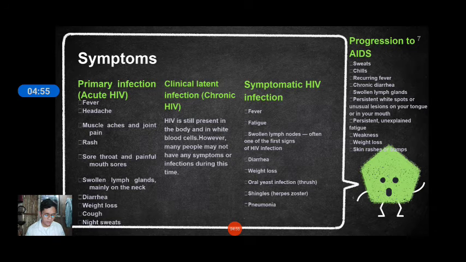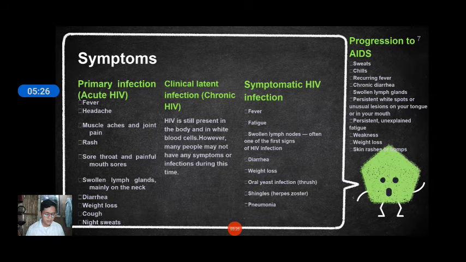Next is the symptomatic HIV infection. So as the virus continues to multiply and destroy your immune cells, the cells in your body that help fight off germs, which are the CD4 plus and the CD8 plus T cells, you may develop mild infections and chronic signs and symptoms such as fever, fatigue, swollen lymph nodes, diarrhea, weight loss, oral yeast infection, and more.